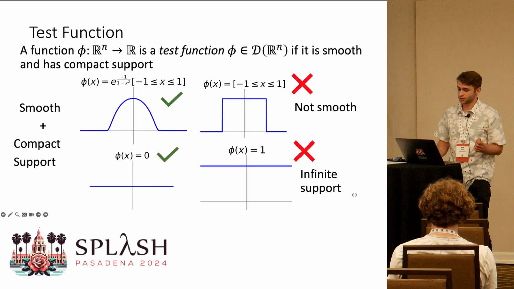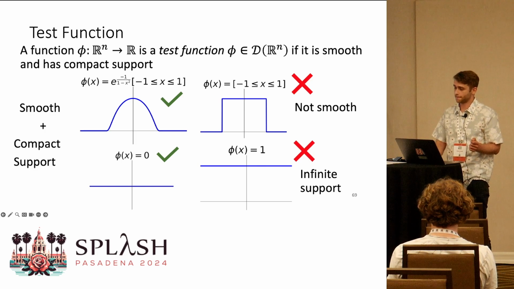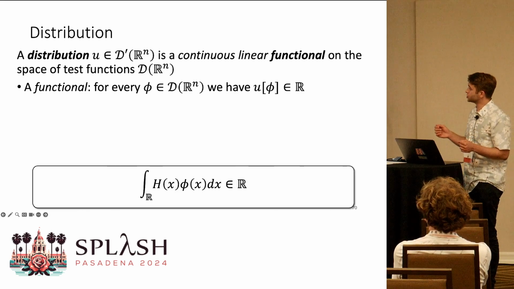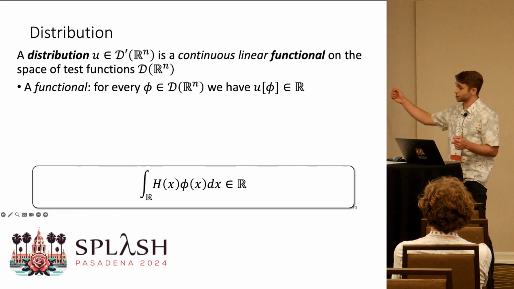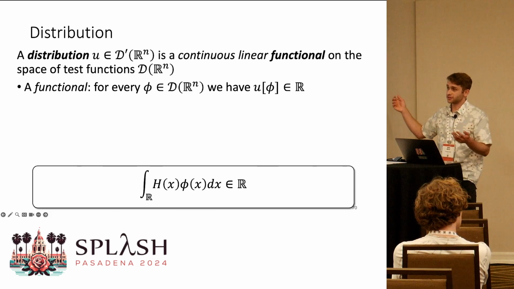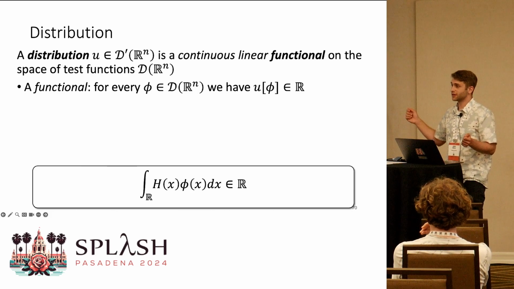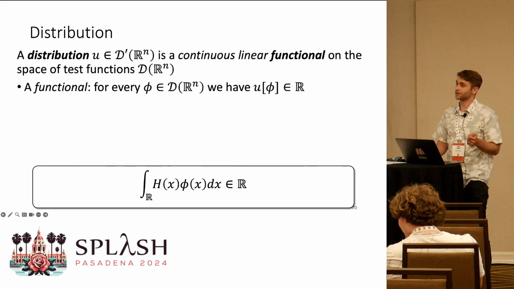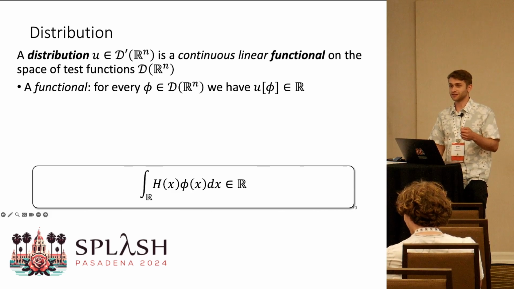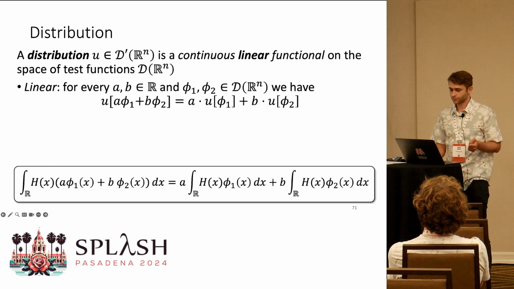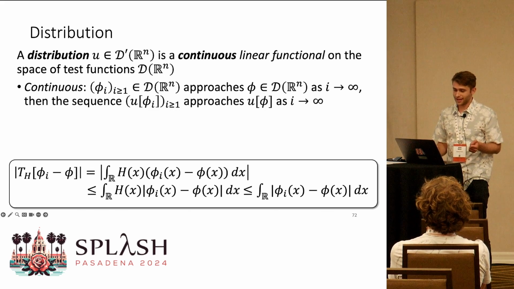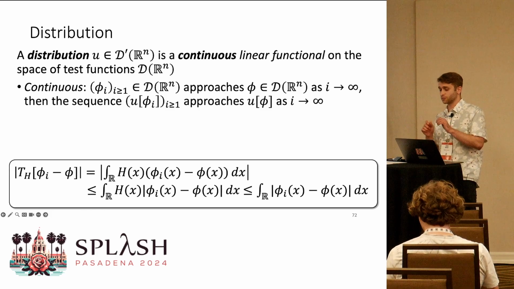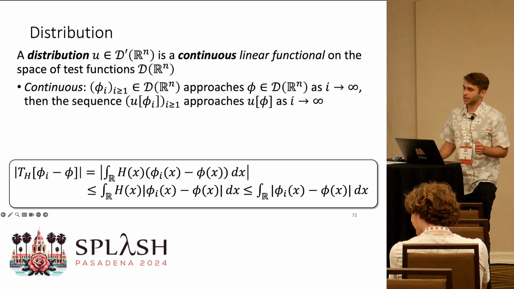Test functions are smooth functions with compact support. And it's a functional, which means that it takes in a function, in particular, a smooth function with compact support, and it returns a real number. And that's why I was lifting. We're really changing the type, right, from a function to an integrator. It's linear, and it's continuous, which basically means the limit is preserved through distributional application.